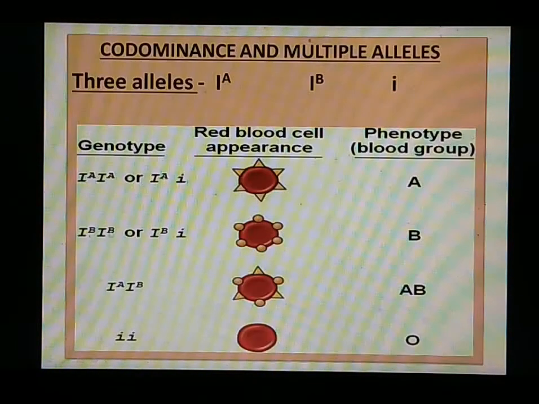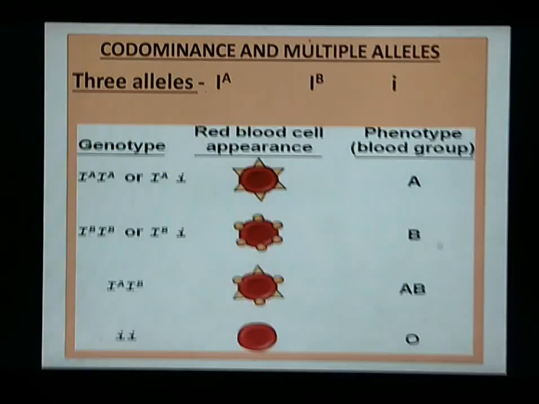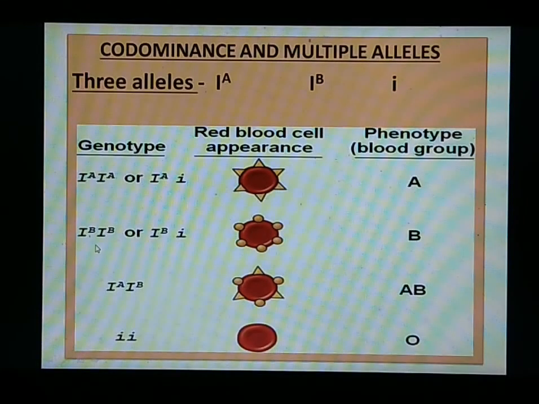Okay, so it can be capital IA IA, homozygous, or it can be capital IA, small i, that is heterozygous. But the individuals will have A blood group. Why? Because i is the recessive one. We should remember that. Similarly, the person who has B blood group can be either homozygous IB IB, or heterozygous IB small i.